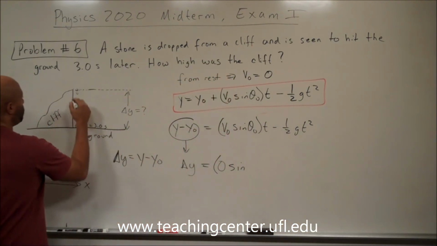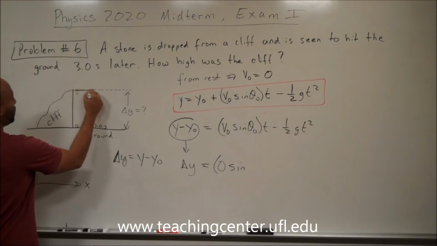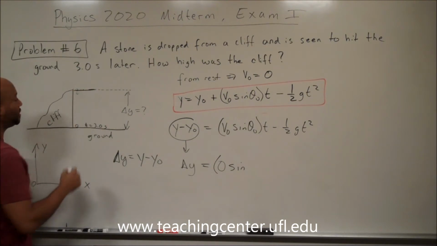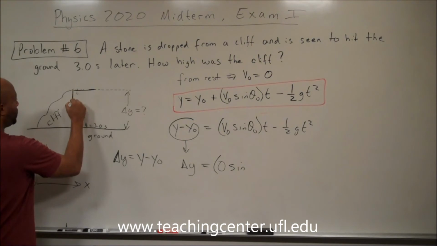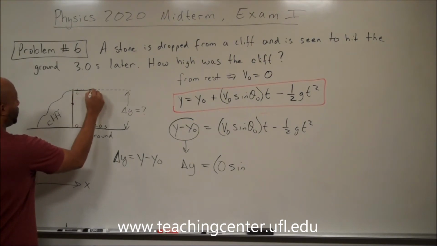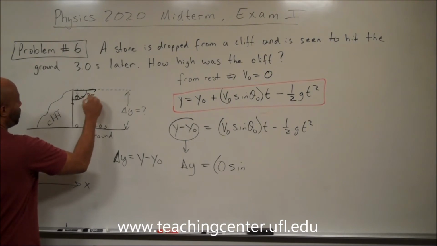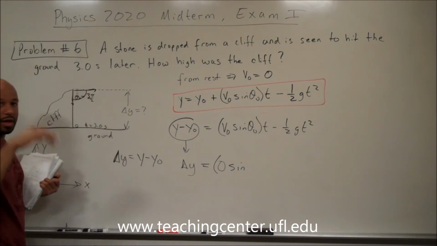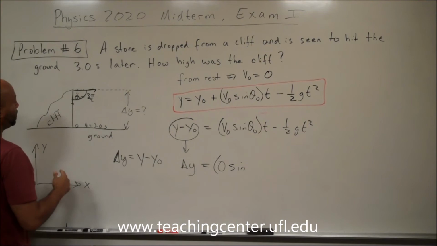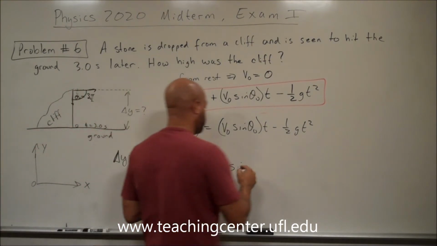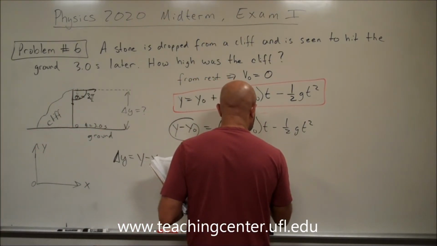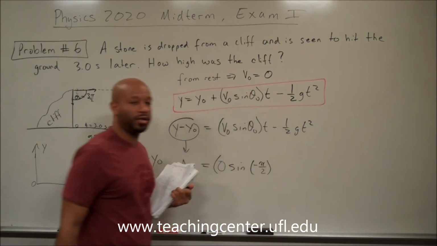Theta sub 0, remember, is the angle that your object makes with the horizontal initially, so in this case it would be this angle here. That's essentially 3 pi over 2, or minus pi, however you want to look at it. We can say it's basically 90 degrees.